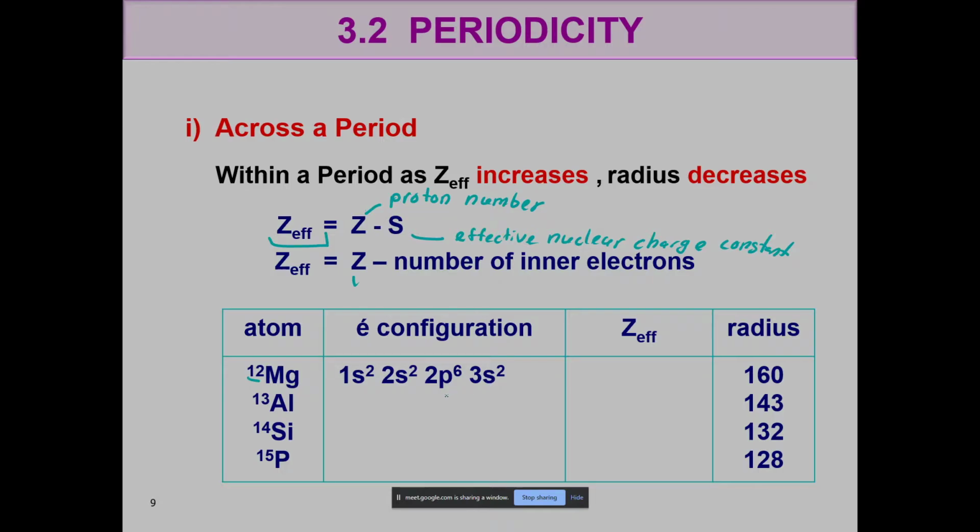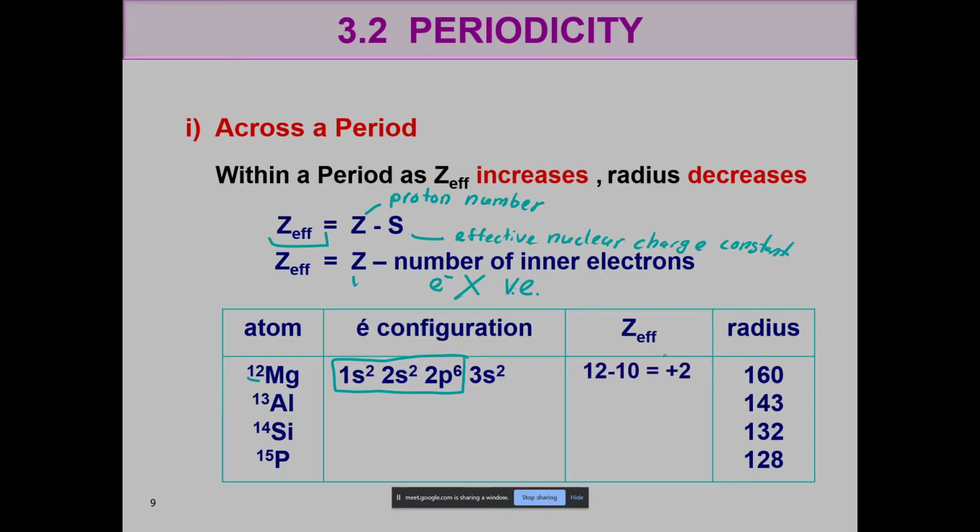Okay, what is inner electrons? Okay, inner electrons is dia punya electrons yang di dalam orbital paling dalam lah, basically. Maksudnya any electrons yang bukan valence electron, that is inner electrons.